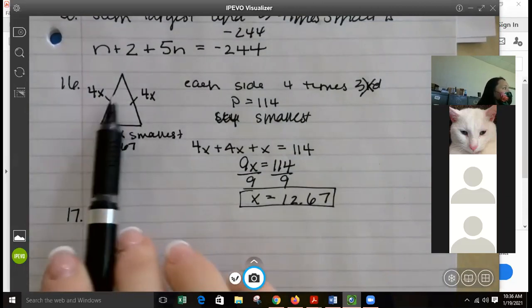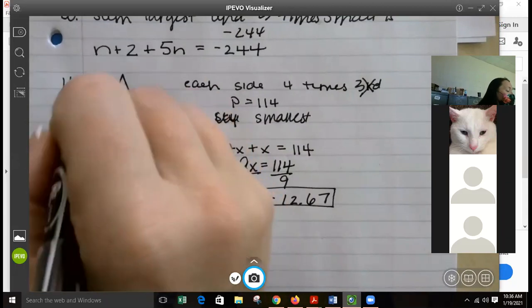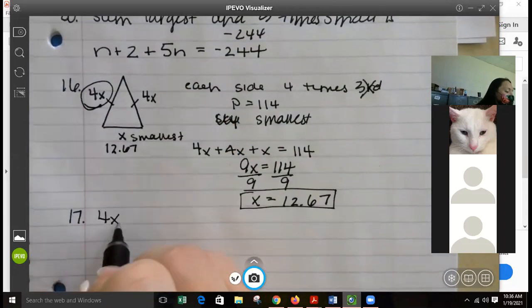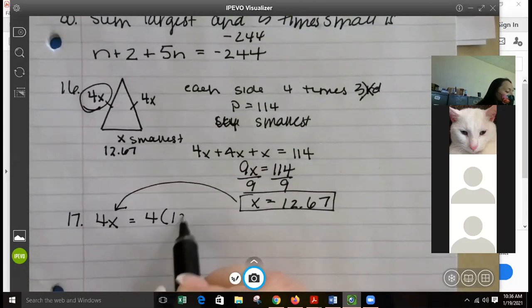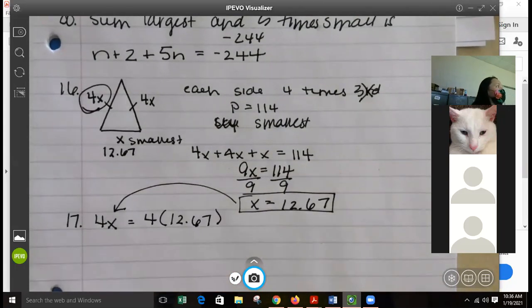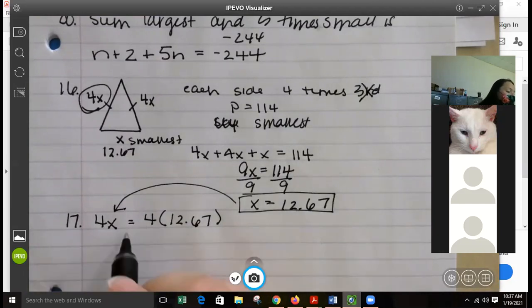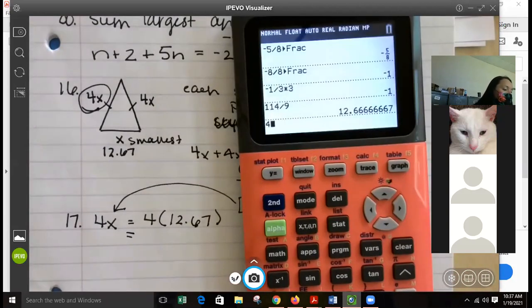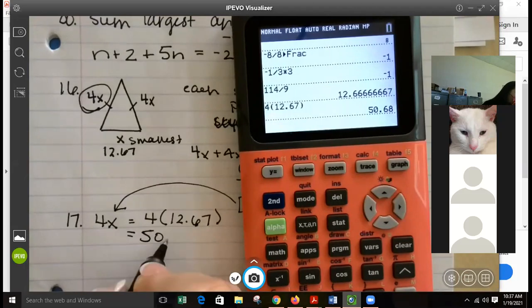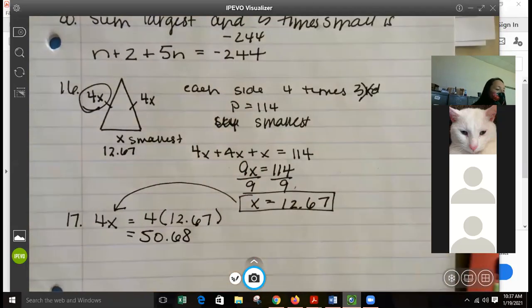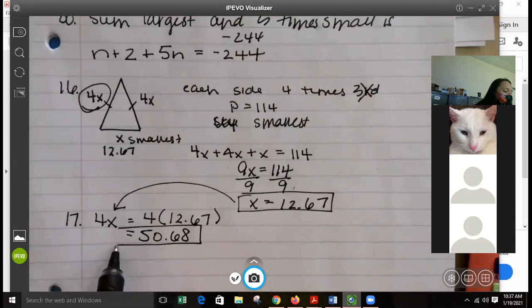How do I figure out the lengths of these sides if they are 4x? I already know x is 12.67. Both of those are the same, both of those are the largest side. It doesn't matter which one you choose. It's really asking what the other sides are. So I just put that in my calculator: 4 times 12.67, and I get 50.68. So there's 17.